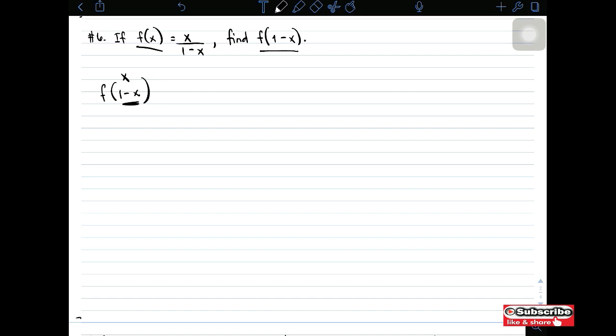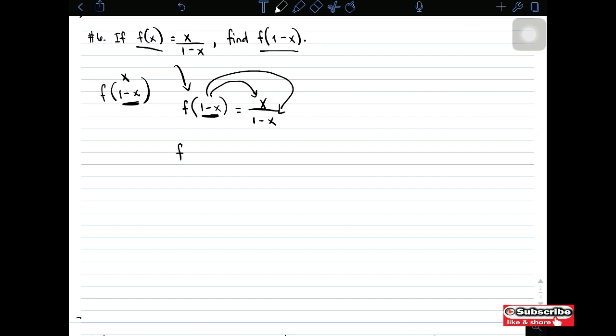So, in this function, pag kinopya natin to, we have f of 1 minus x, kasi yan yung input natin, and then be equal to x over 1 minus x. Since ito yung nasa loob ng parenthesis natin, ipapalit natin siya sa bawat value ng x na meron tayo. Continue natin.